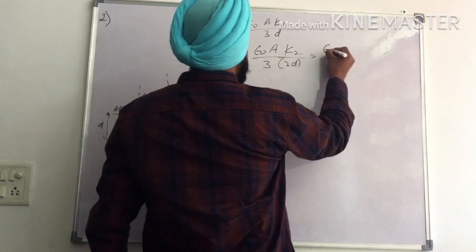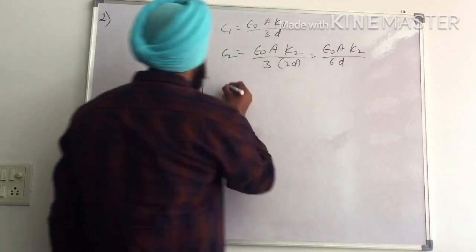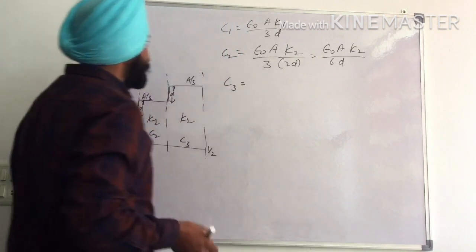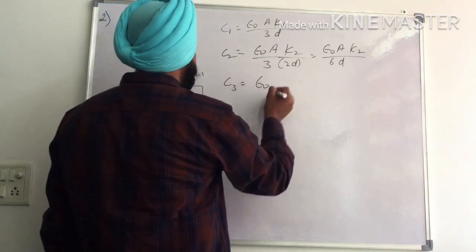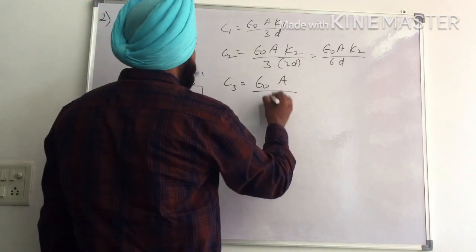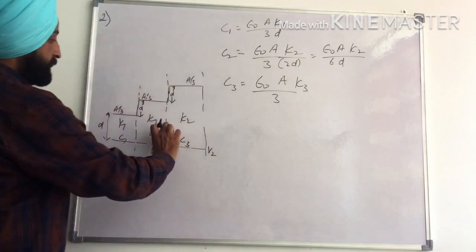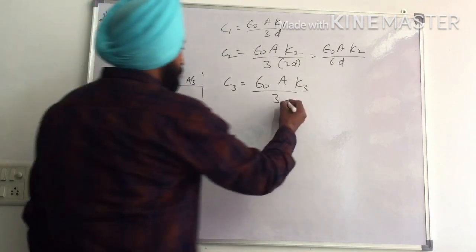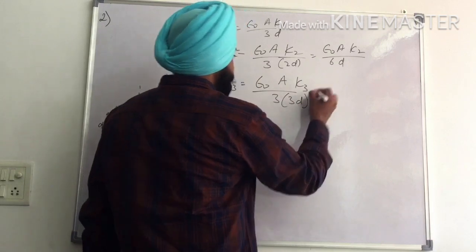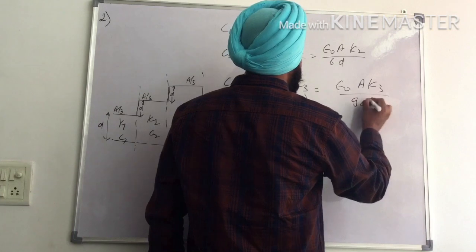So it can be simplified as 6D. Similarly, what will be C3? C3 will be equal to epsilon naught. Area again A by 3. K3, and this separation now will become D plus D plus D, that is 3D. And this can be written in a simplified form as 9D.